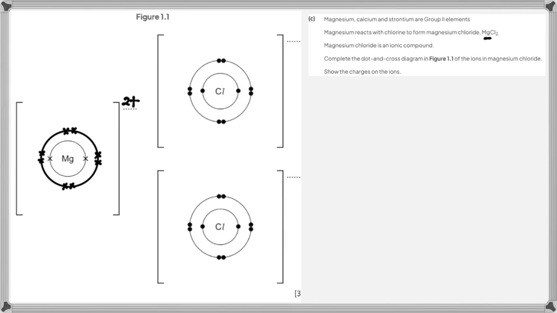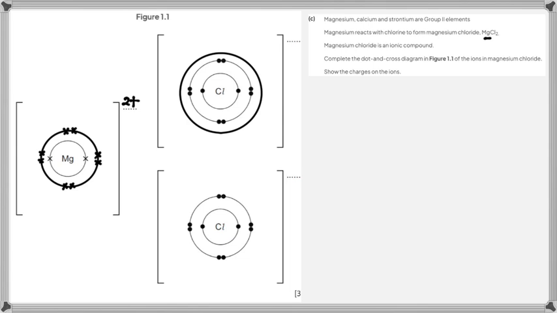And for chlorine, let's just put that at the center. Now, since it's a dot and cross diagram, we'll be using a dot, and then we have a cross. Again, let's make that a bit bigger.